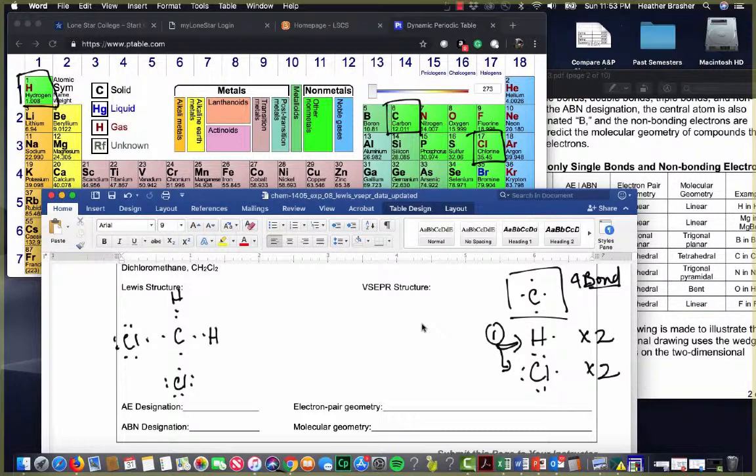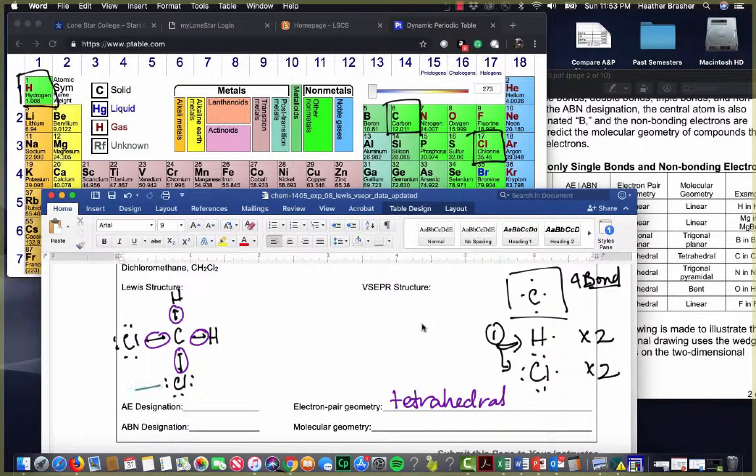That's incorrect for this. And we can put the lines here to indicate that we have bonds between the two atoms. Now the electron geometry here, well, we have bonding electrons here, here, and here. So there's 4, so we have tetrahedral.